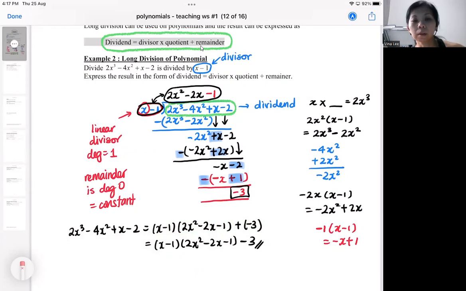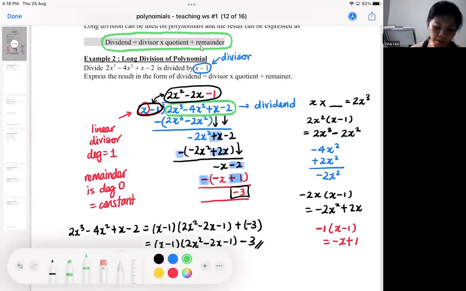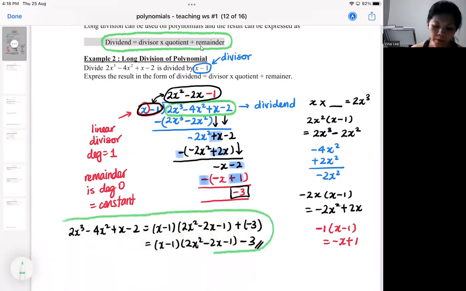So for the long division, there is always a relationship. There are some conceptual questions that deal with this concept. They might phrase it to you in this manner, or you might be tested to work backwards.